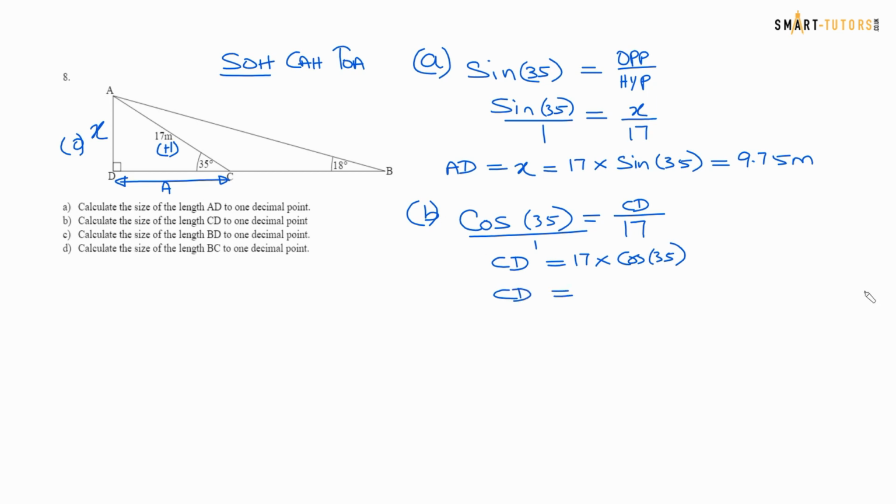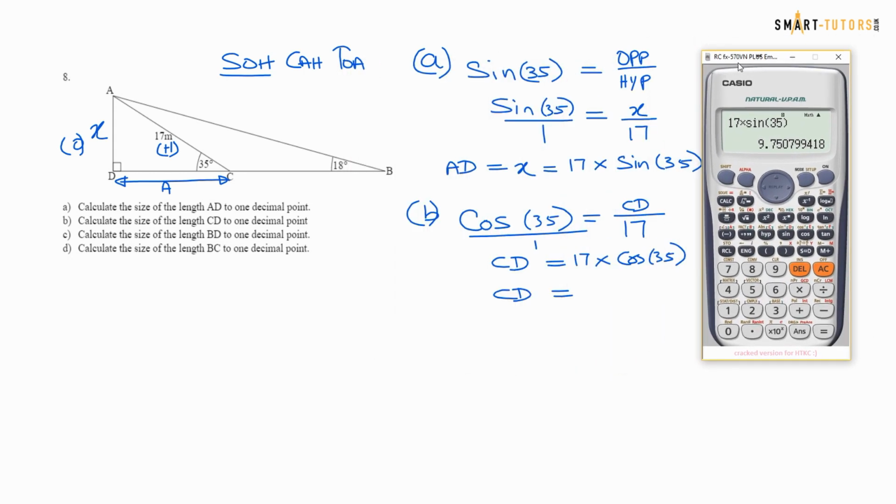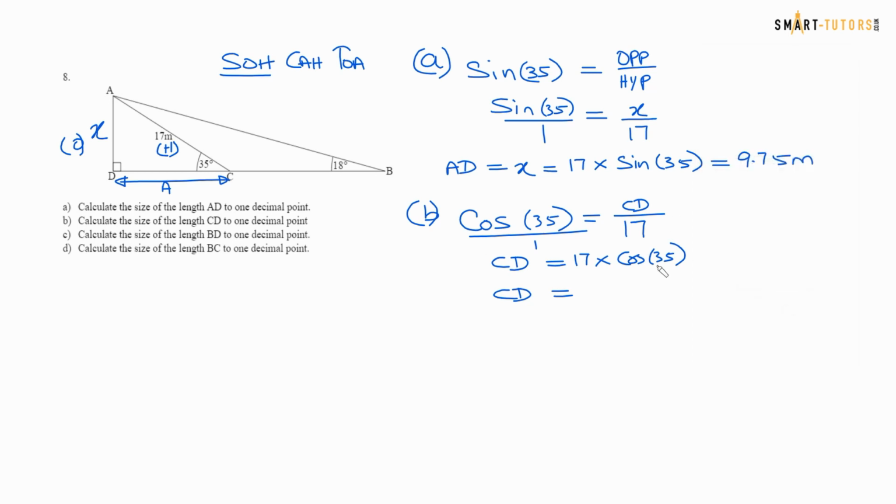CD equal, so this is the calculator. 17 times cos 35 is 13.93. They are asking for one decimal place, so that is equal to 13.9 meters.